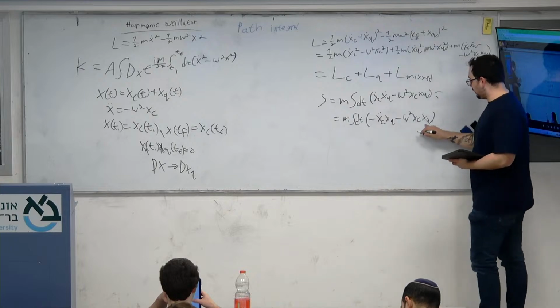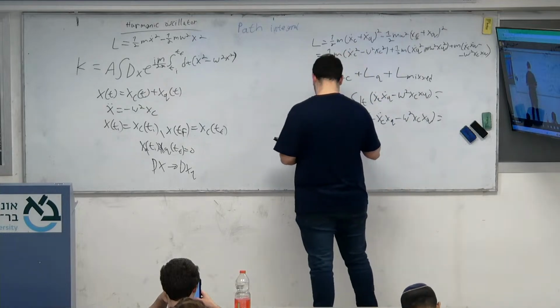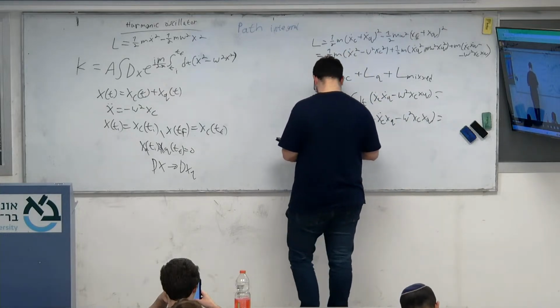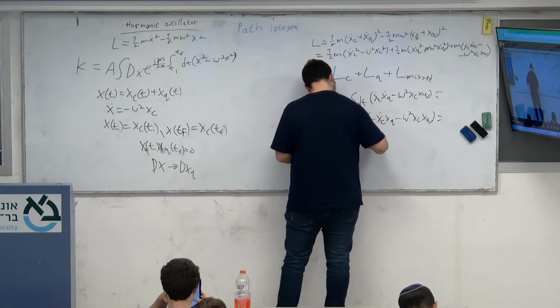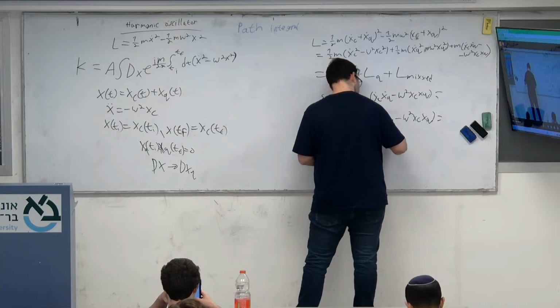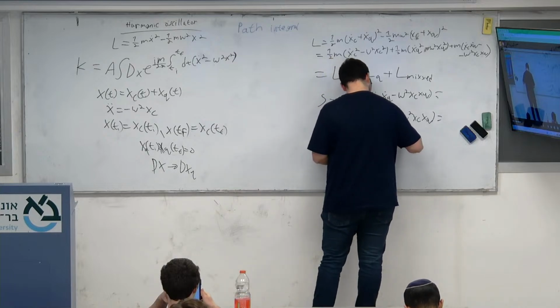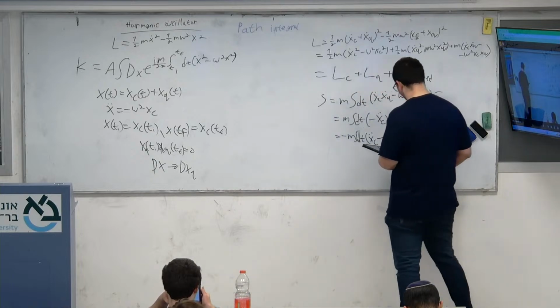And we can take outside the xq, which equals minus m integral dt (xc double dot plus omega squared xc) xq.